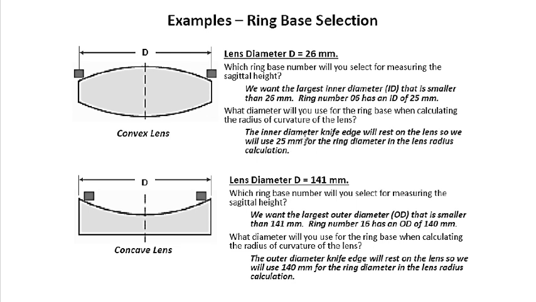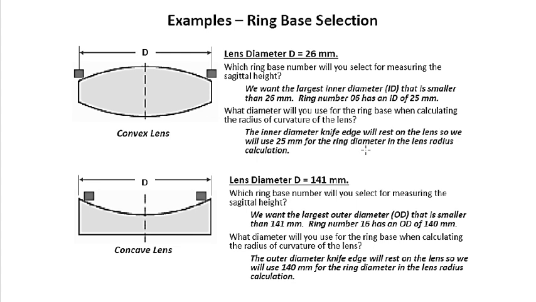So therefore, all you have is a radius of curvature based on the sagittal height, which is this guy, and then the inner or outer diameter of your base. That is all you have to understand. So you're going to use a 25 millimeter. You're not going to use the lens diameter. Lens diameter is not the base diameter.